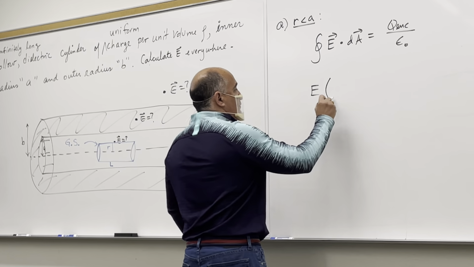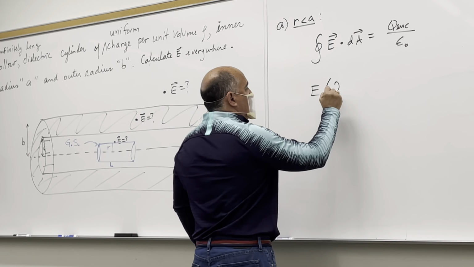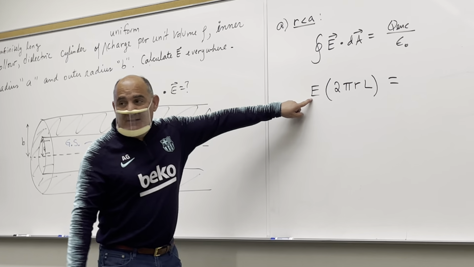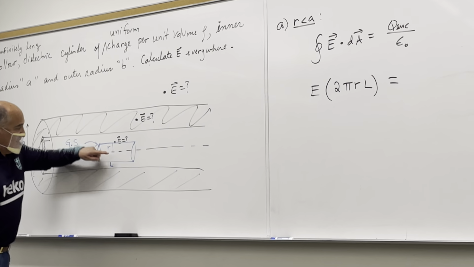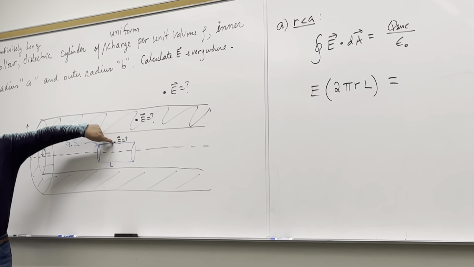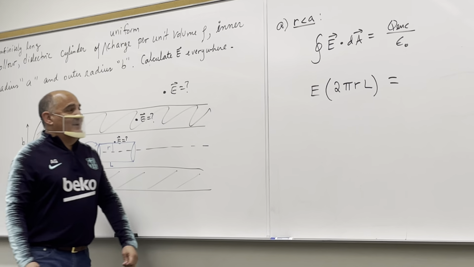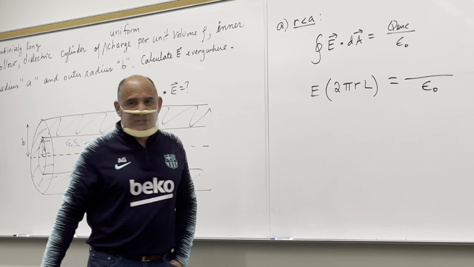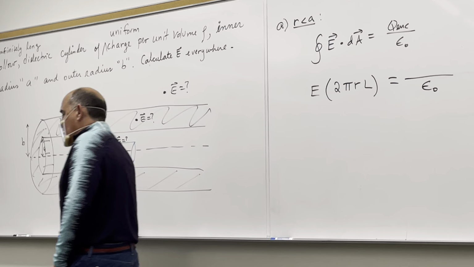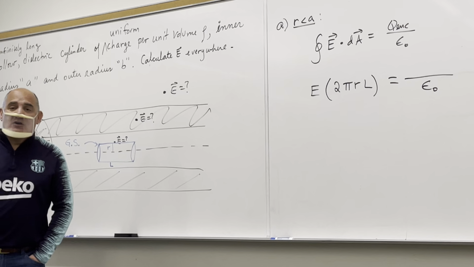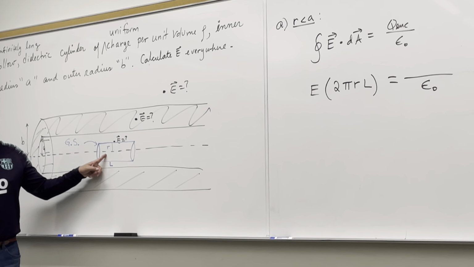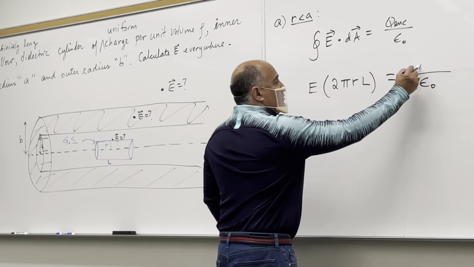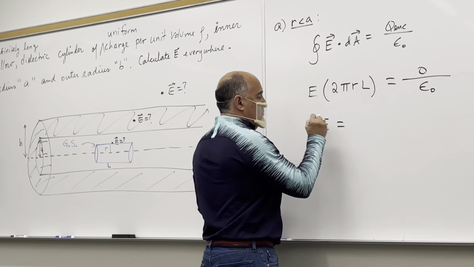It's the curved surface area that we discussed the other day. So it's 2 pi r times L. This is the electric field at the Gaussian surface. And then this equals 1 over epsilon naught, the electrical permittivity of free space, multiplied by the total charge inside my Gaussian surface. What is the total charge inside this Gaussian surface? 0. There's no charge in there, right? So therefore, right there, the electric field is 0.